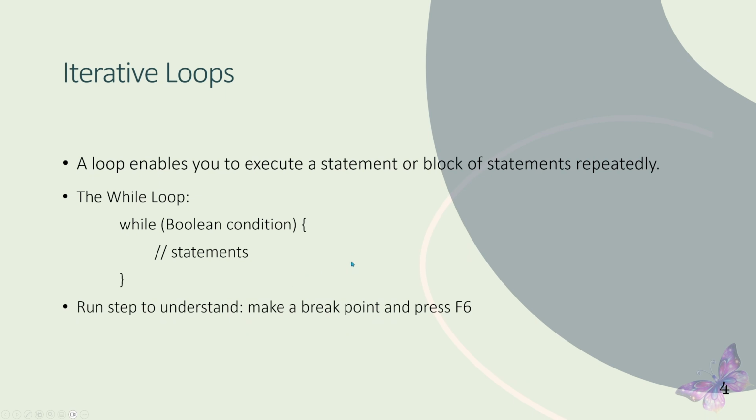We'll see one example to understand clearly how this loop works, and we will also go through how to make a breakpoint and how to run the program line by line in debug mode, so you can understand how loops work.